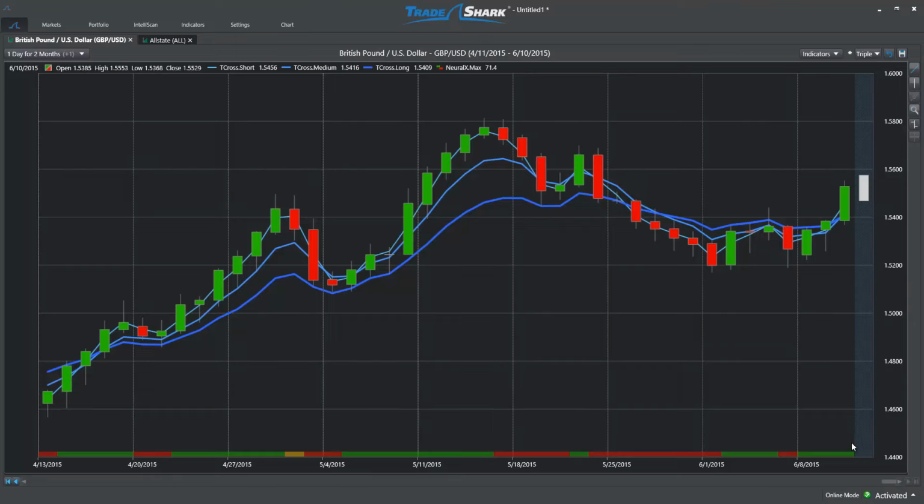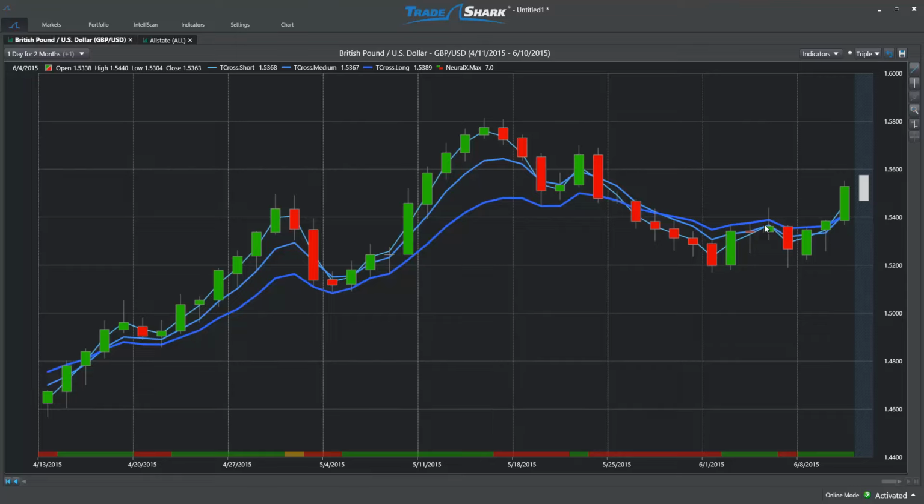A trader would be able to avoid any losses and recognize that conditions were not ideal for this trend continuation. By combining these highly accurate predictive tools from TradeShark, traders can ensure that they are putting the probabilities in their favor and get away from positions that are less likely to produce a profit.